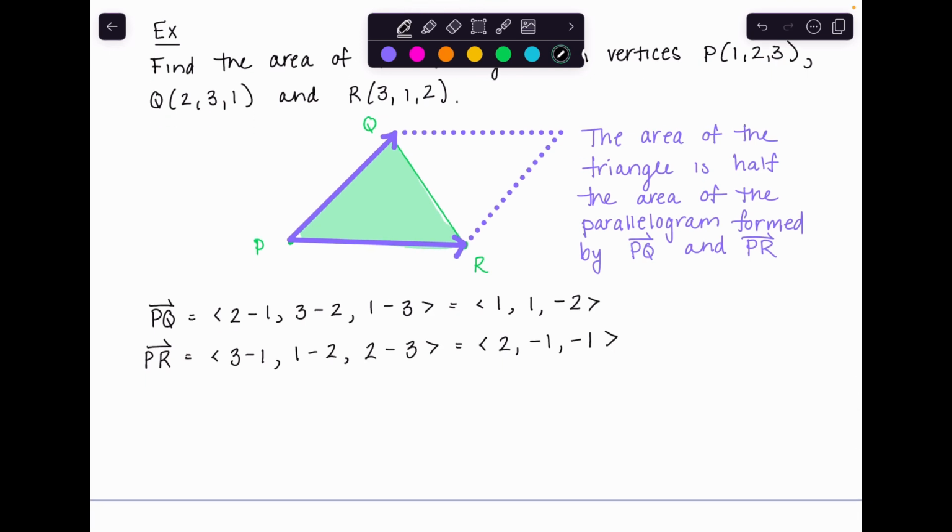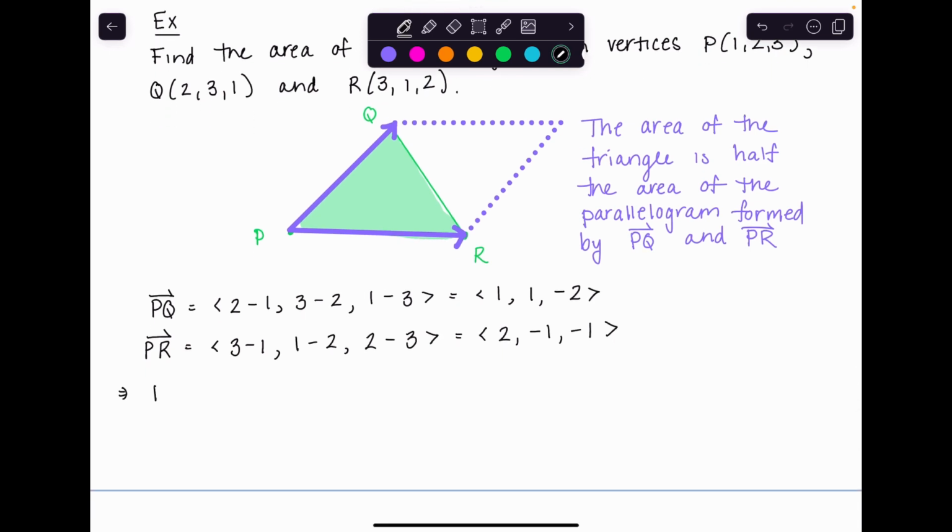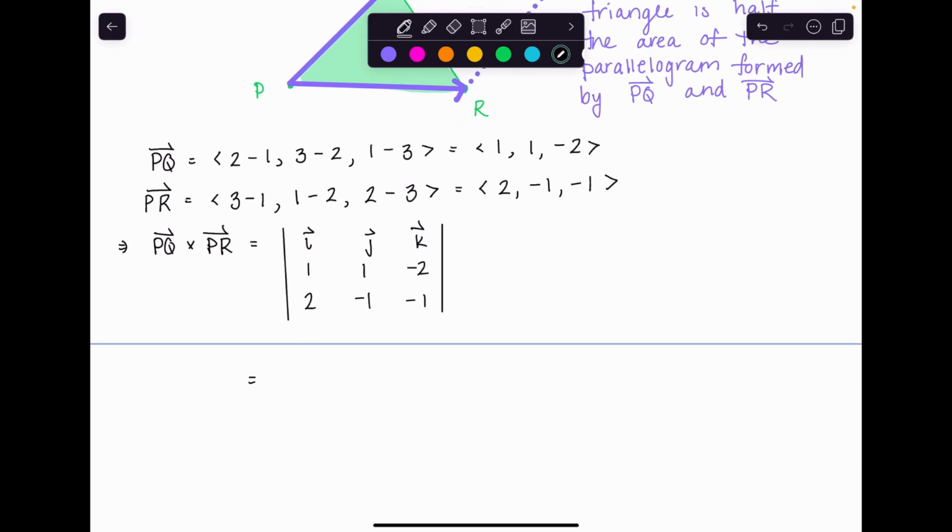Now I'm going to take the cross product of these two, and again, it doesn't matter which one you pick to be first. So putting our i, j, k, PQ is 1, 1, -2, and then 2, -1, -1. I always like to do the determinant version of this because it helps me not forget minus signs too. So we've got our first matrix, i, minus the second matrix, j, plus the third matrix, k.